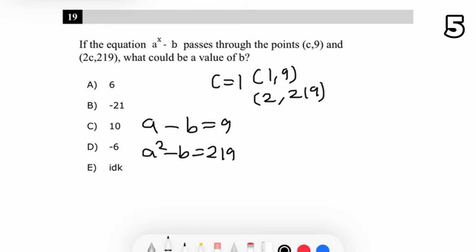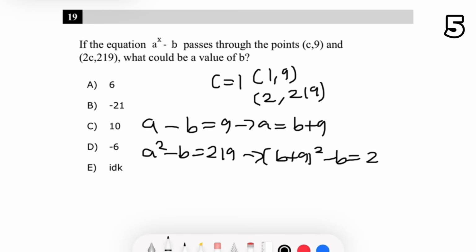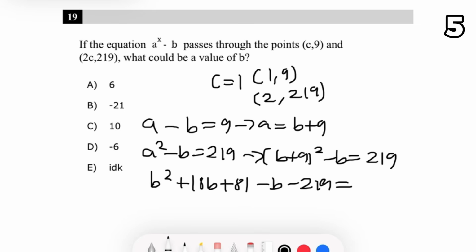Now we can isolate a and get a equals b plus 9. And then we can plug this a value into our bottom equation, and we get b plus 9 squared minus b equals 219. Now if we FOIL this out, we get b squared plus 18b plus 81 minus b minus 219 equals 0.